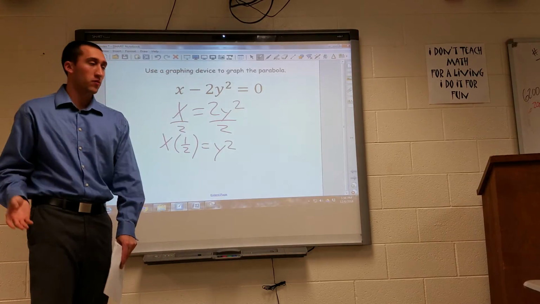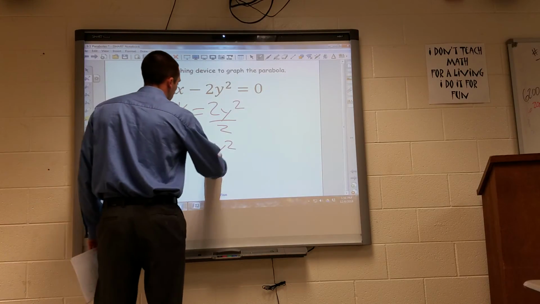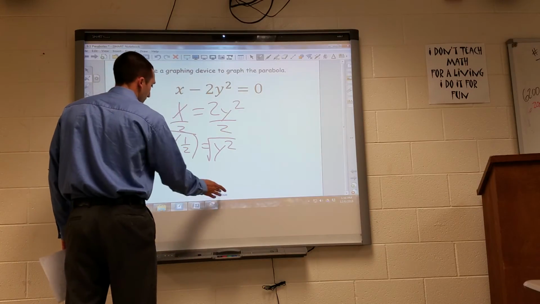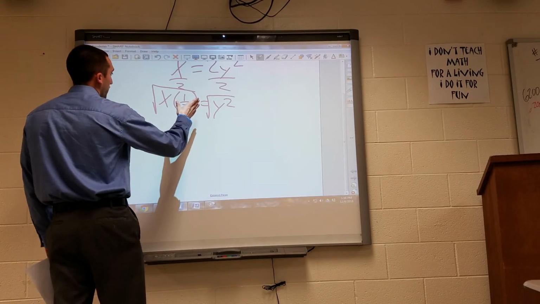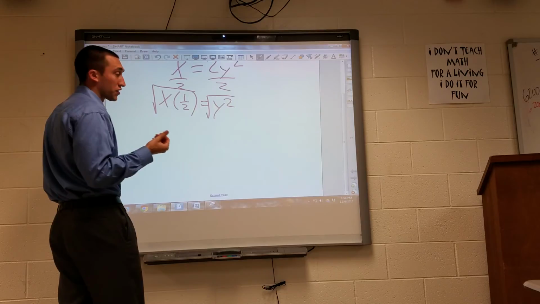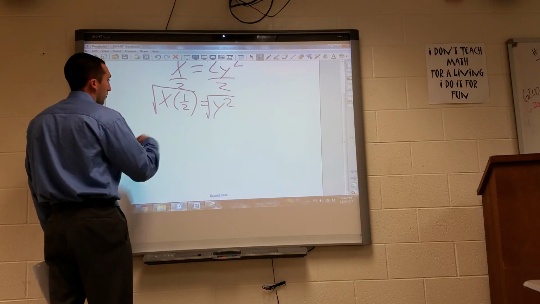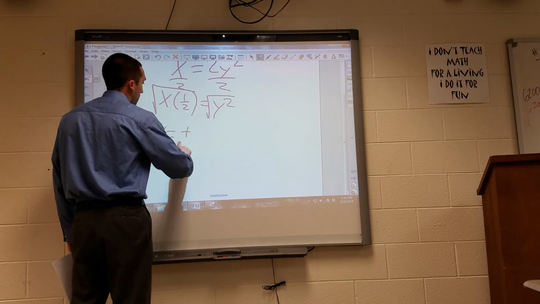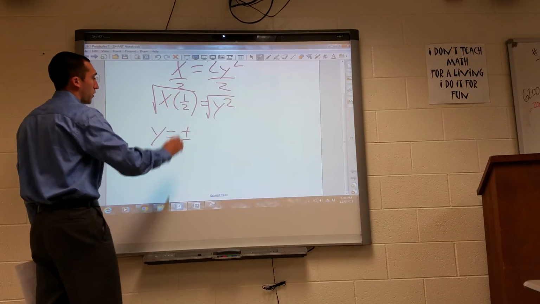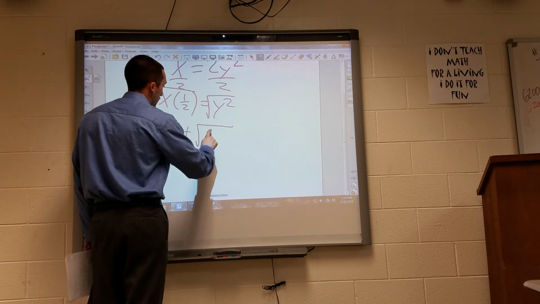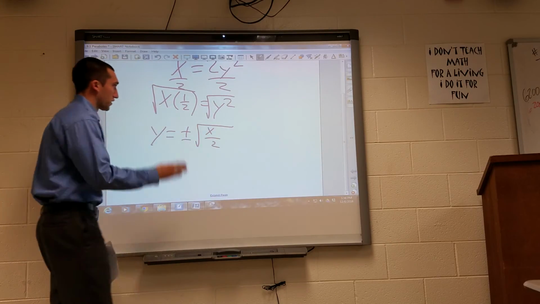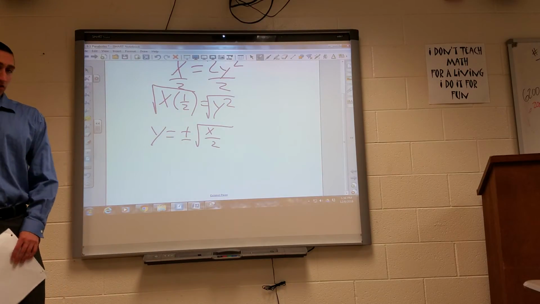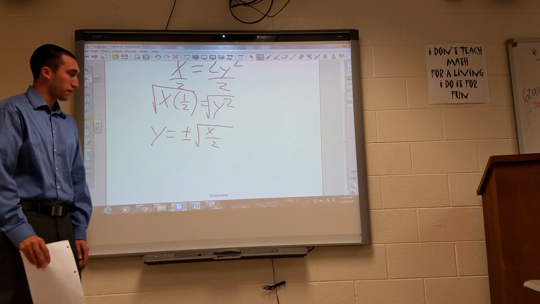If we keep it in the same kind of form. And then I take the square root. So I'm going to rewrite it just to make it a little bit easier to plug into the calculator. Remember, whenever I take the square root of a number, I have to do plus or minus, so y equals plus or minus the square root of x/2, if I just multiply the x and the 1/2. So real quick, I'll do that on the graphing calculator for you.